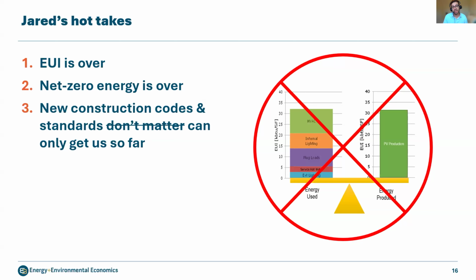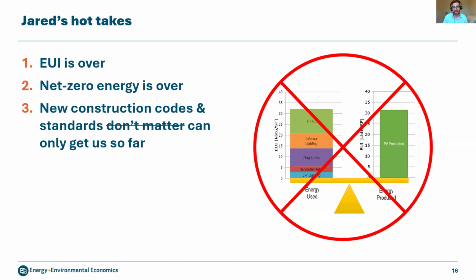And my final statement, probably the most controversial of all, I believe that codes and standards for new construction, I won't say don't matter, because I think they will always matter, but they can only get us so far.